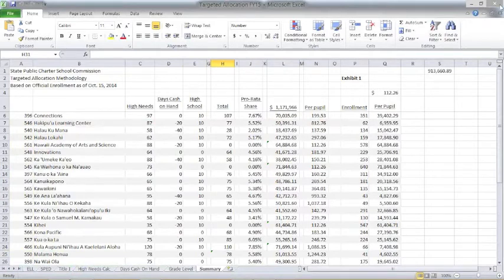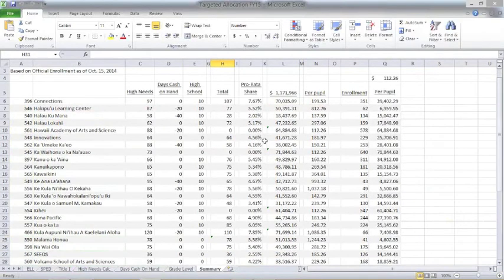So for example, Haas, their point value would have resulted in a lower per pupil allocation on a targeted basis, so they're getting at least $112.26, which is the per pupil amount if this pot of money were to be allocated on a per pupil basis across the board.